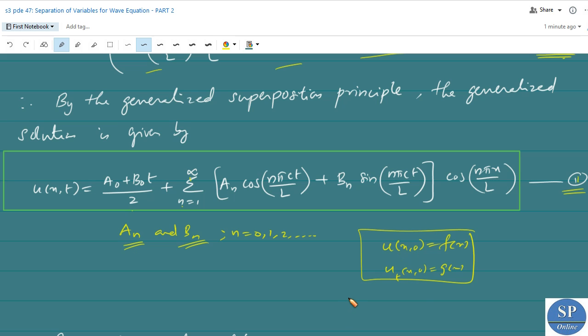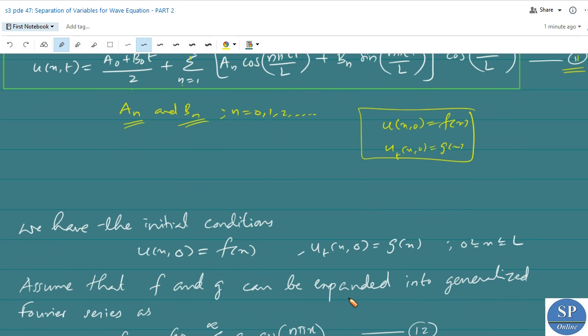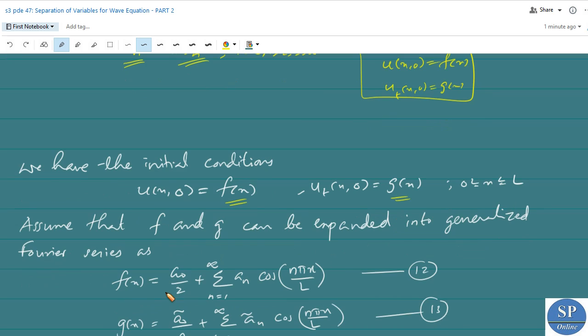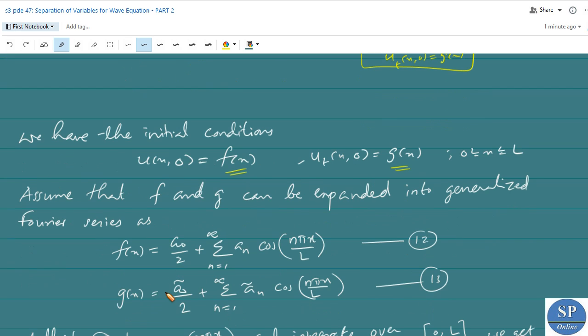Okay. For that, first of all, we are assuming that the initial data f of x and g of x can be expanded into the generalized Fourier series with respect to the eigenfunctions cos n pi x by l. That means f of x can be expressed as a naught by 2 plus summation n from 1 to infinity a n cos n pi x by l.